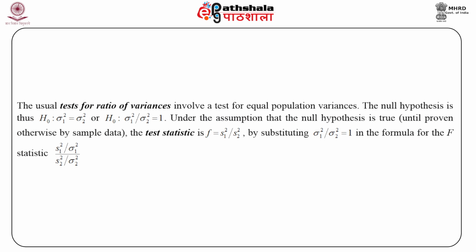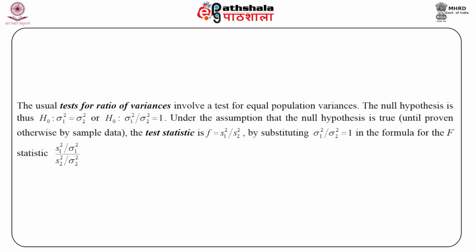The usual tests for ratio of variances involve a test for equal population variances. The null hypothesis is thus written as H0: sigma 1 square equal to sigma 2 square, or H0 can be written as sigma 1 square upon sigma 2 square equal to 1.